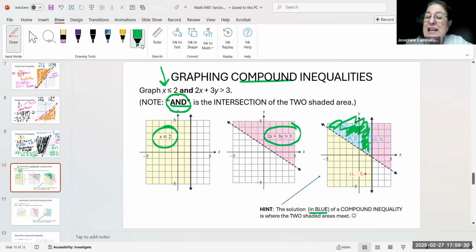The solution is where the yellow and the pink intersect. That's the catch. So when you look in ALEKS, all they're going to have is just that blue, or where I shaded in green. They're not going to give you the pink and the yellow. You're going to have to do that on your own and find out where they meet.